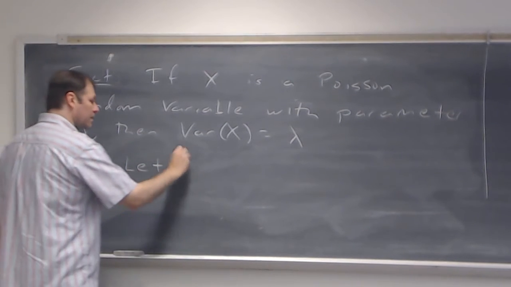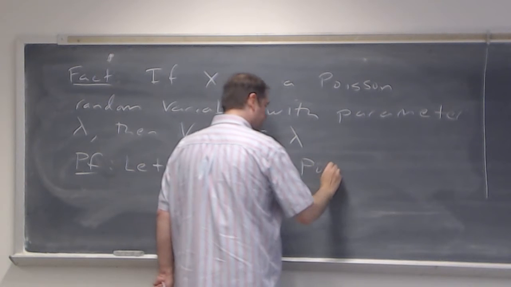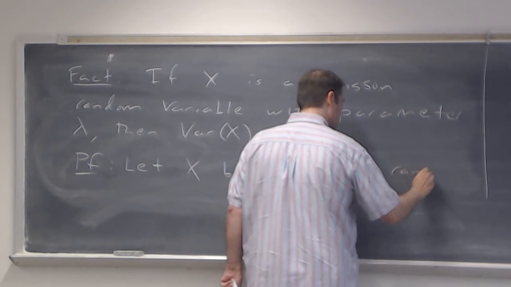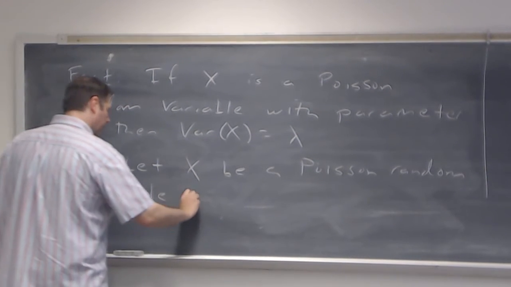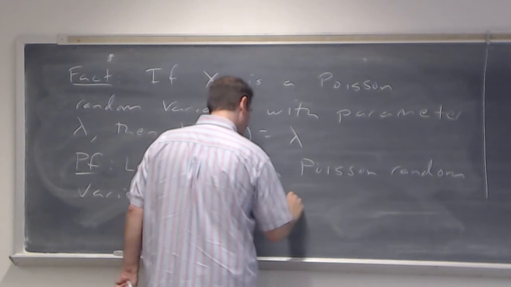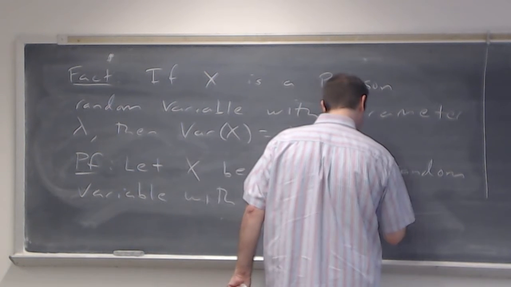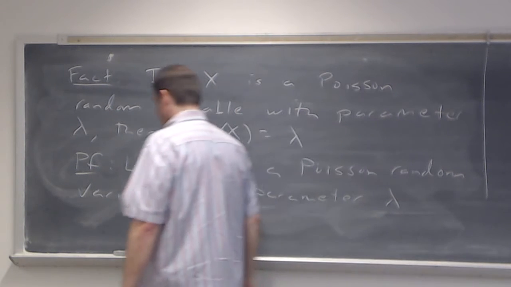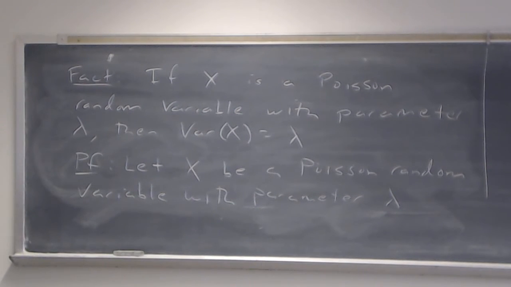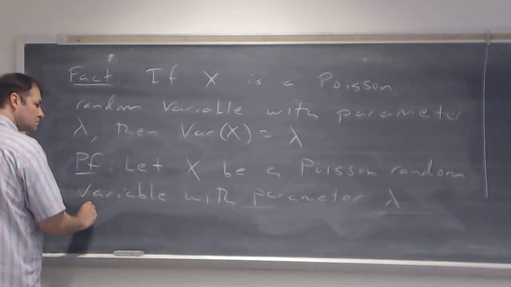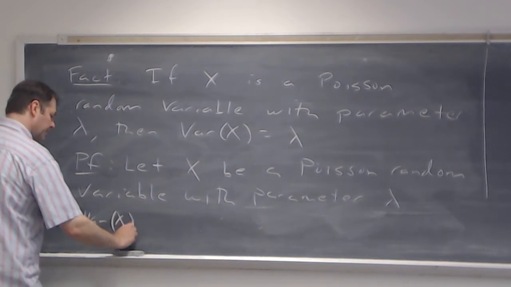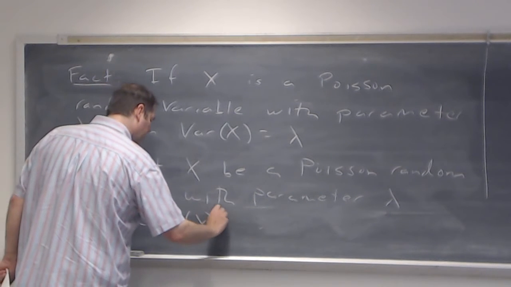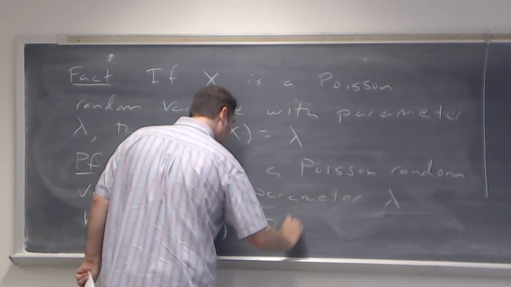We let x be a Poisson random variable with parameter lambda, then the variance of x by formula is the expected value of x squared minus the expected value of x, quantity squared.